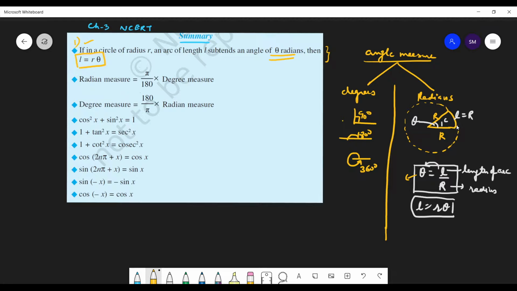Now, if you want to find the relation between degree and radian, we know that the semicircle, and the length of the arc of the semicircle. What is a semicircle? Half of the circle. If it is a full circle, then what is the length of the arc that we call circumference? 2 pi r.